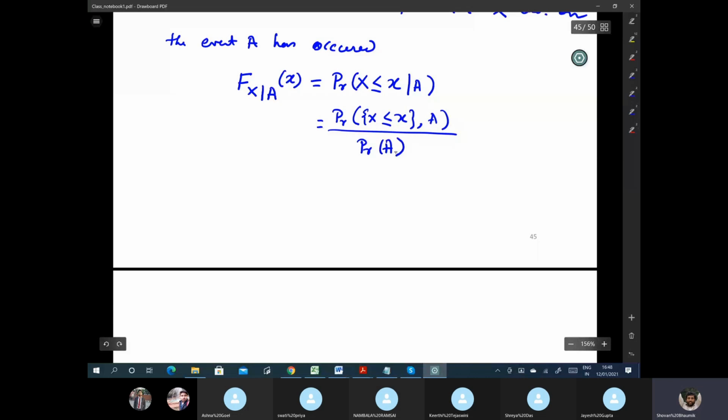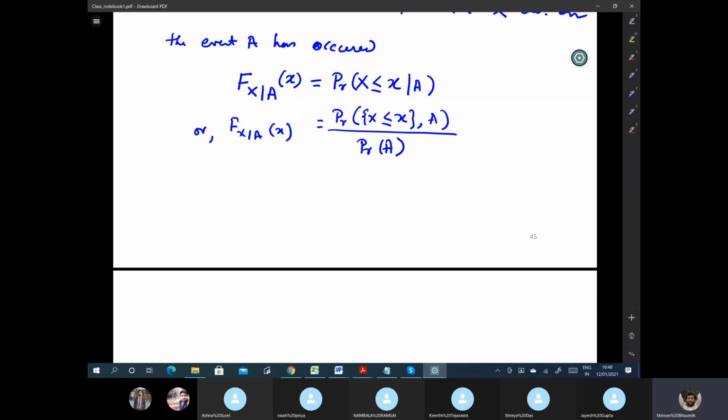Now all of you tell me whether you agree with this or not. This is the fundamental definition. If you agree with this, we can proceed very quickly. So this is the fundamental definition of conditional CDF.